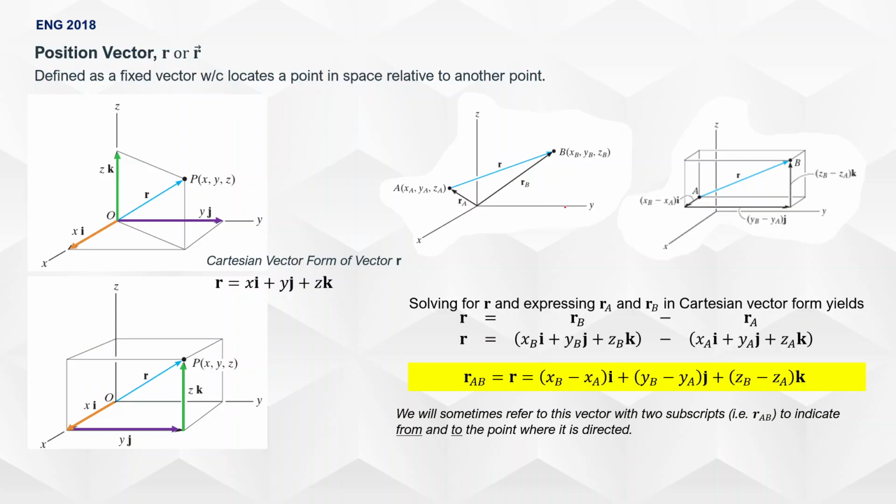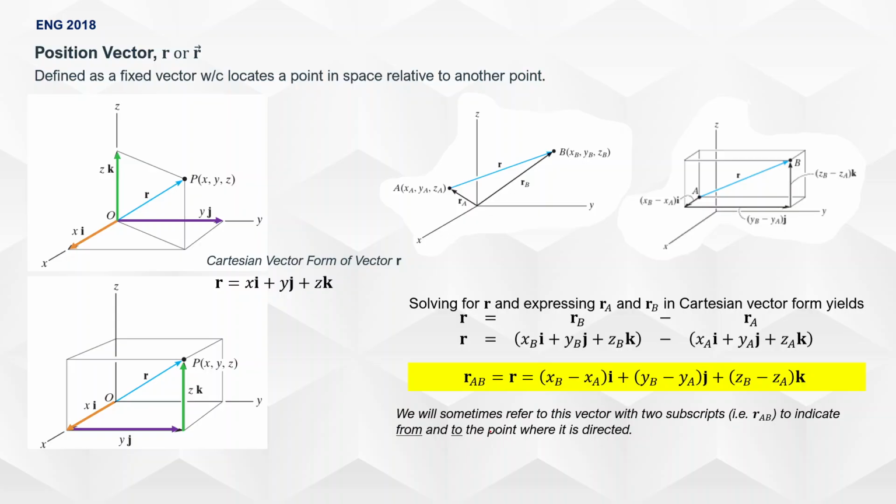So solving for R and expressing vectors RA and RB in Cartesian vector form, R is simply RB, which has the larger magnitude since they have different directions, minus RA to get the resultant R. In this case, vector RB is a summation of the X, Y, Z components of B minus the X, Y, Z components of A, which will yield the Cartesian vector notation using two position vectors.